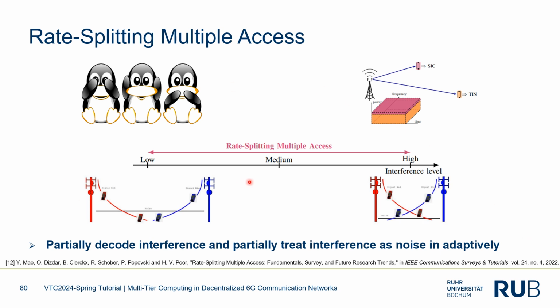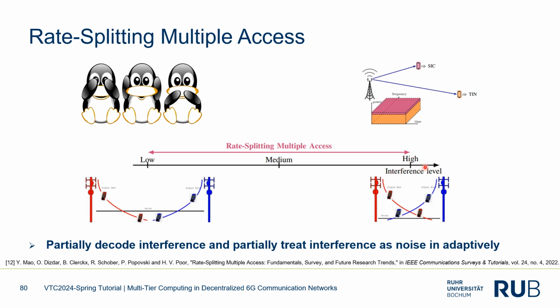Here is another figure that illustrates rate splitting multiple access. On the left-hand side, this is the interference level. On the left-hand side, we have low interference, as we can see here. And in this case, it would probably be best to treat interference as noise and proceed as usual.